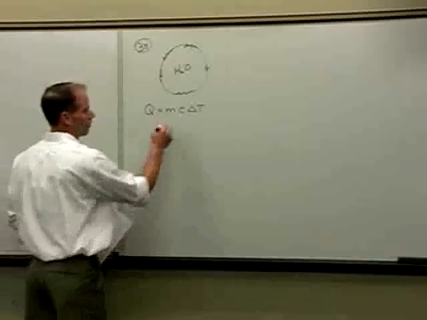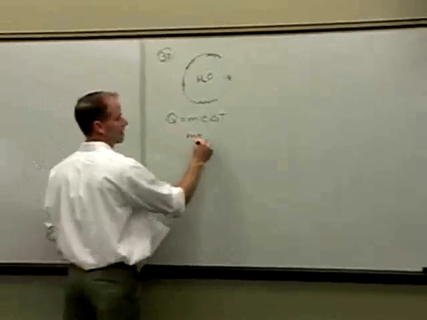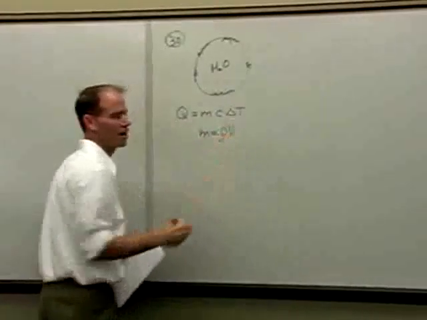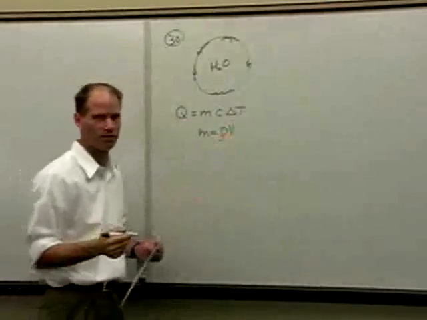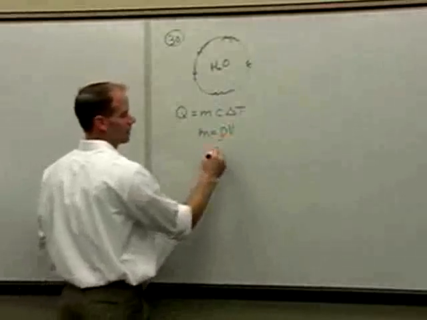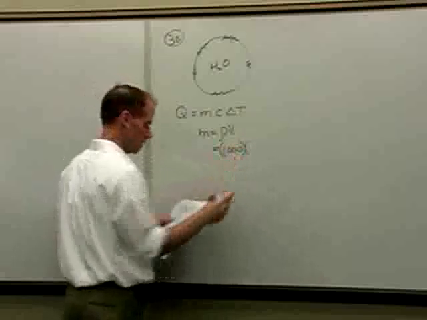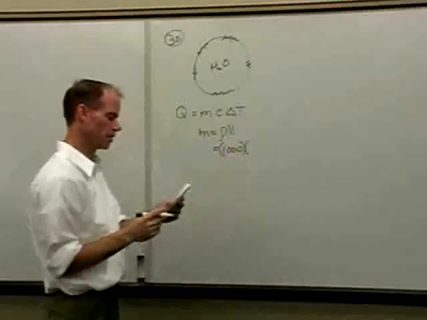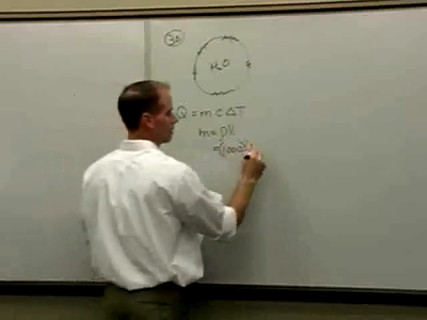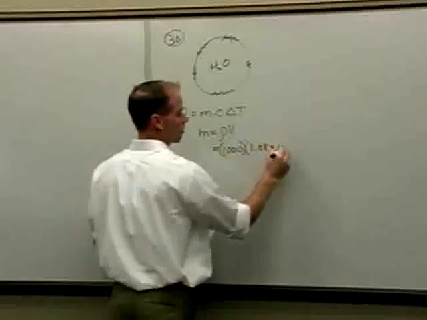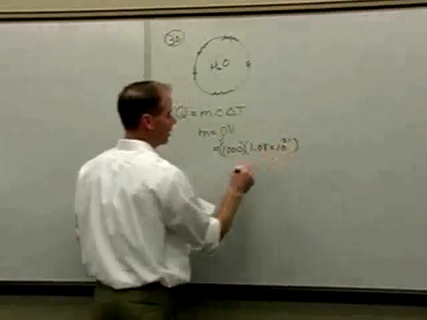So we're going to use that the mass of the Earth is the density of water times the volume of the Earth. And we were given the volume of the Earth in this problem. So this would be 1,000 kilograms per meter cubed, and the volume given for the Earth was 1.08 times 10 to the 21 cubic meters.